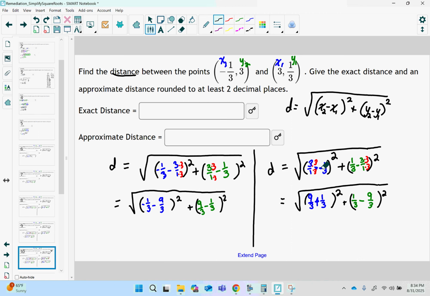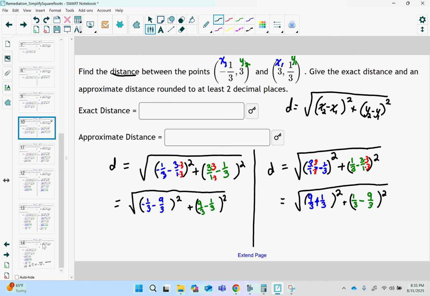Notice that I turned my double negative that's in that first quantity squared into a positive. So a negative times a negative, or a double negative, becomes a positive. And then the y values, we did not have a double negative. It just is a regular minus there between those. All right, now we'll go on.